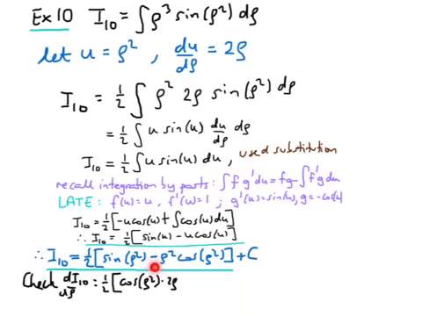So when we hit this with the derivative operator, we're going to get minus 2 rho times the cosine of rho squared. And then when we hit the second factor here, we have minus rho squared.